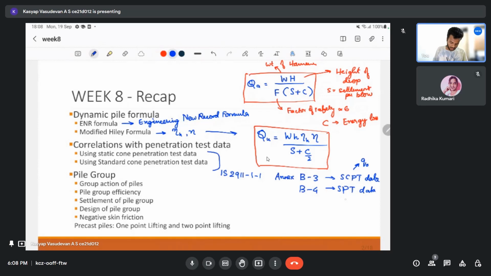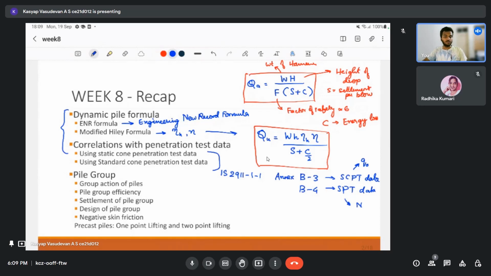And for SPT data, that is the corrected SPT number, there are different correlations to arrive at the capacity. But what we need to understand is that in a certain way this is superior, because we are directly getting the resistance value from the field.